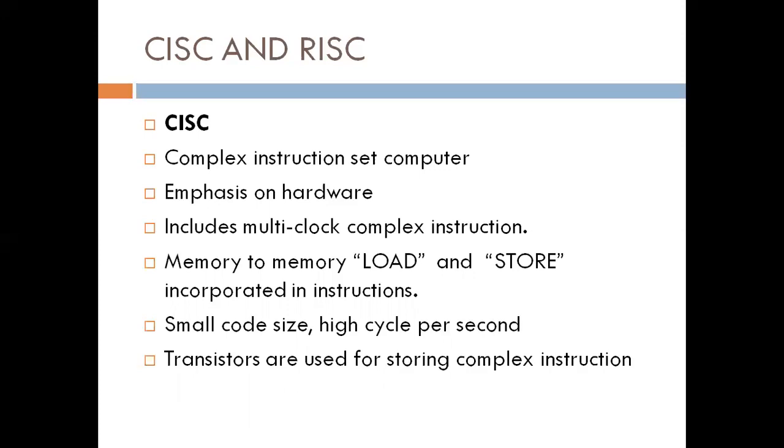It performs the operation memory to memory, with load and store instructions. It has small code size and high cycles per second. They use transistors for storing the complex instructions.